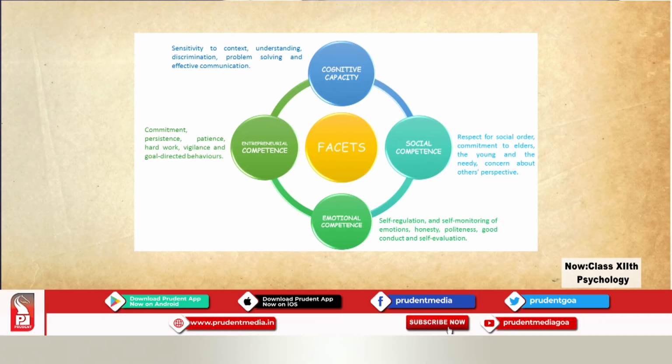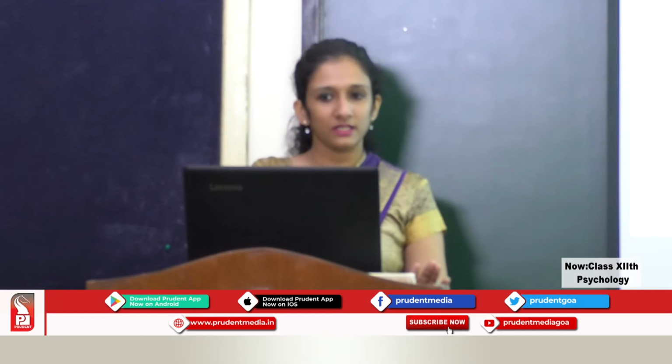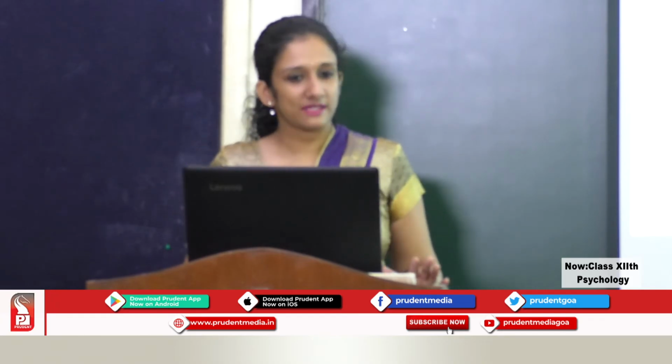There are some facets of intelligence in the Indian tradition, and those are the 4 points mentioned here. One is cognitive capacity, the other is social competence, emotional competence and entrepreneurial competence. There can be a question asked on this as well. What is cognitive capacity?